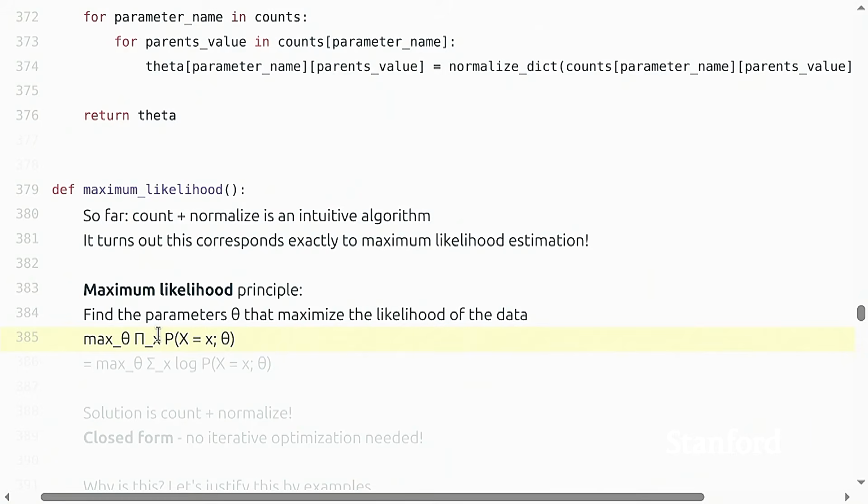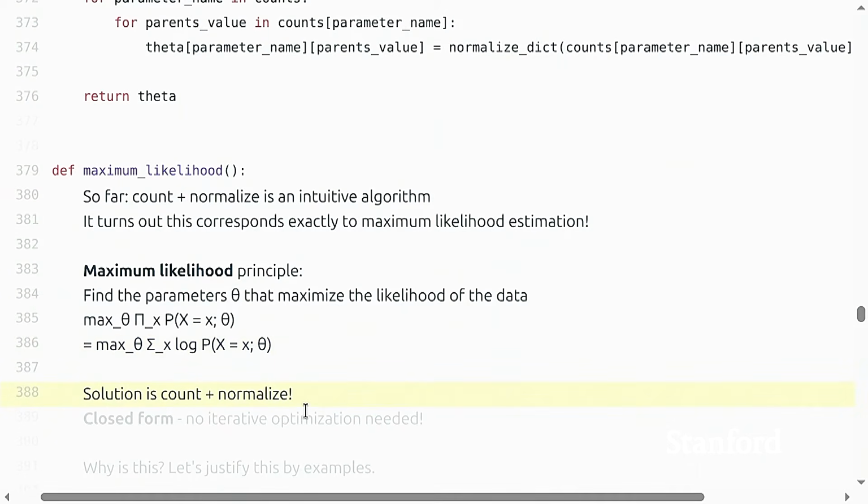And so I can think about this as an optimization problem. I just want to find the conditional probabilities that maximize the likelihood of my data. Another way to write this is if you take the log, because the log is monotonic, this is equivalent to the sum of the log probabilities. And this is the negative cross entropy.